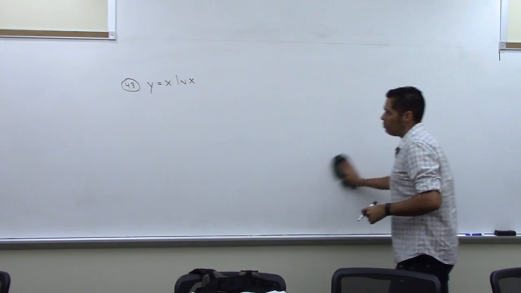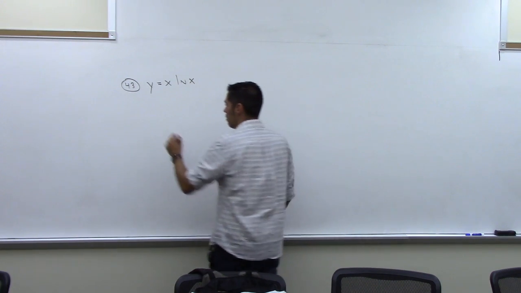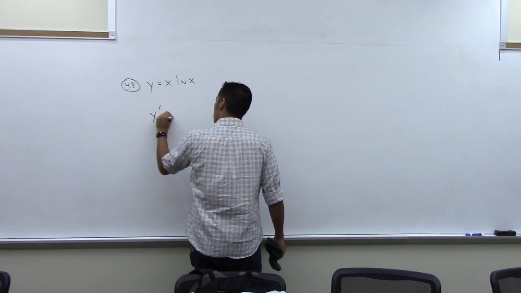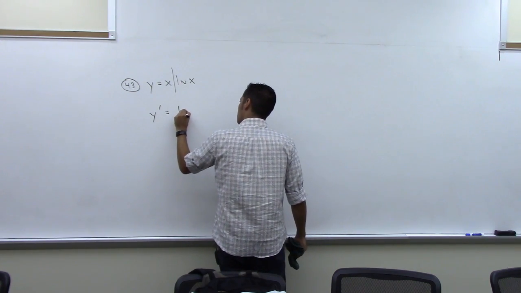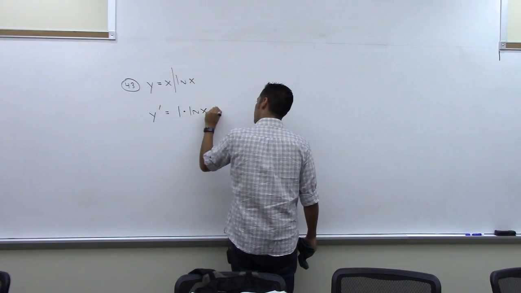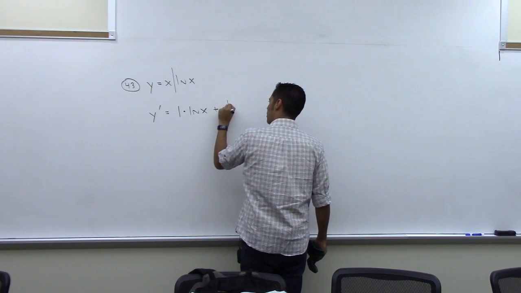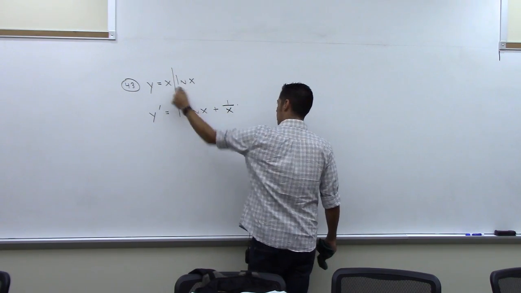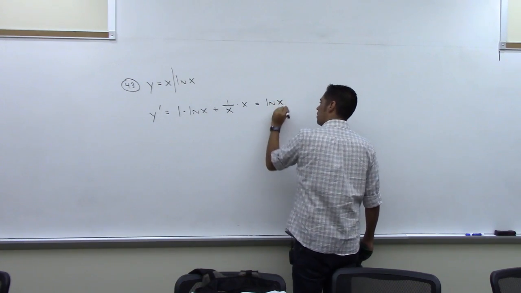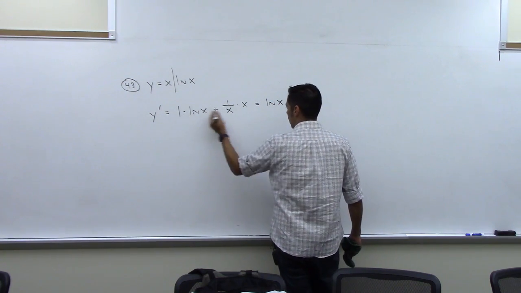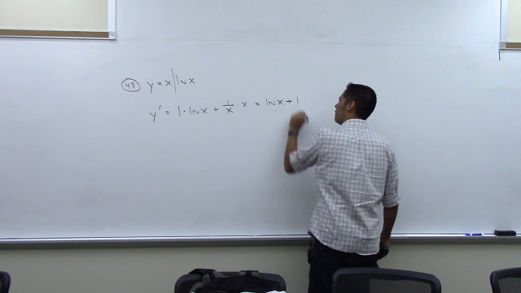So we have to take the derivative twice. So the first derivative, we have a product rule right there. So derivative of the first one times the second plus the derivative of natural log of x, which is 1 over x, times the first one. This is just natural log x. That's natural log x plus, this is just 1.